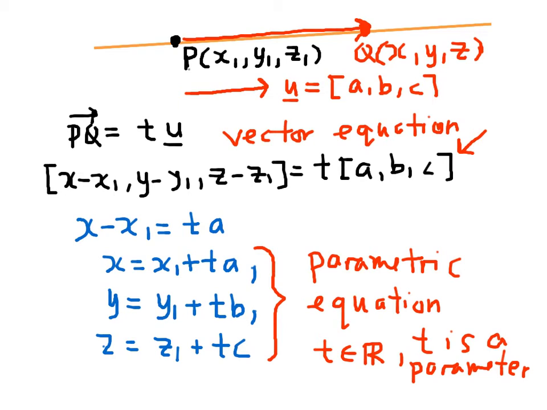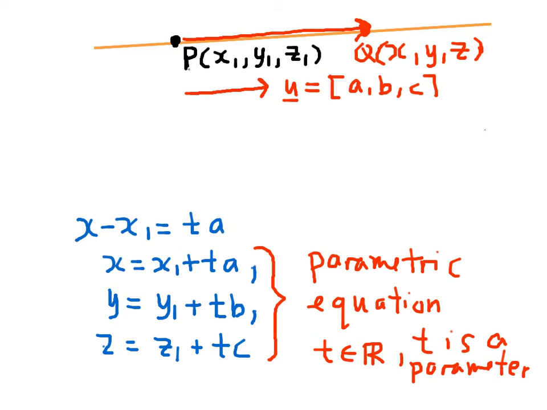But surely there is a way for us to express the equation of the straight line in 3D without involving the parameter t, only involving x, y, and z. So we can do that. Looking at the parametric equations, let us focus on x equals x1 plus ta.